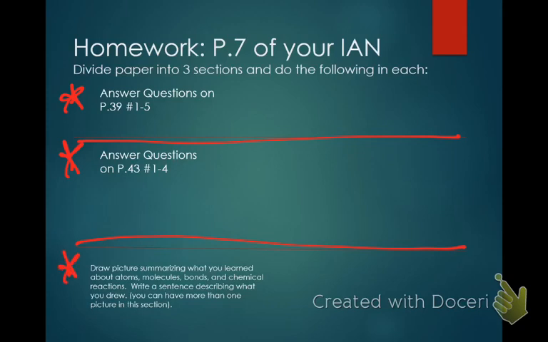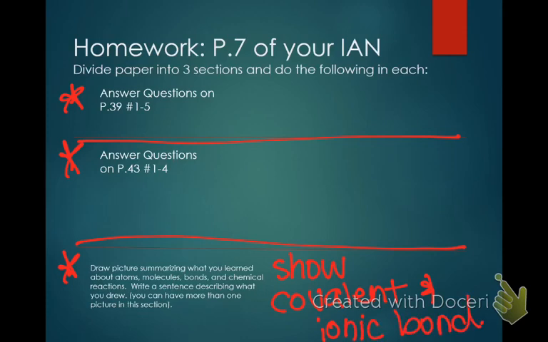And in the last section, I'd like you to draw a picture summarizing what you learned about atoms, molecules, bonds, and chemical reactions. Write a sentence describing what you drew so that you can have more than one picture in this section if that helps you. And I definitely want to make sure that you show a covalent and ionic bond. And I will see you tomorrow.